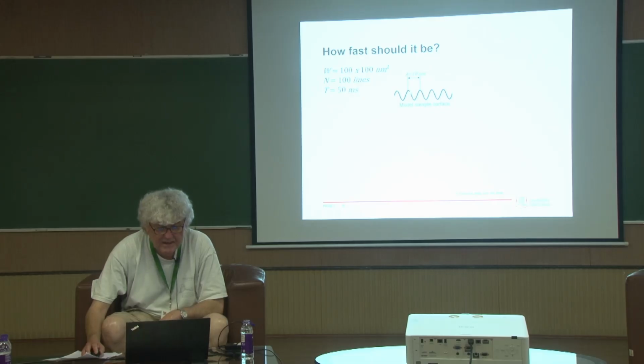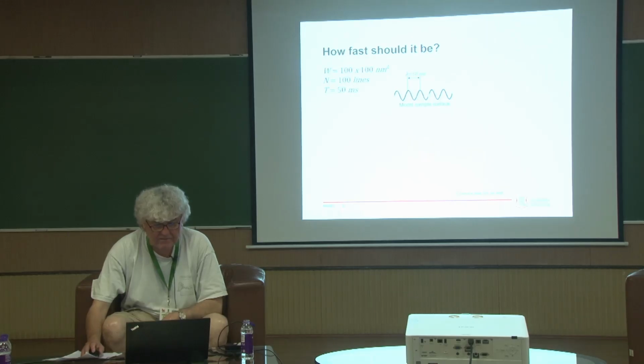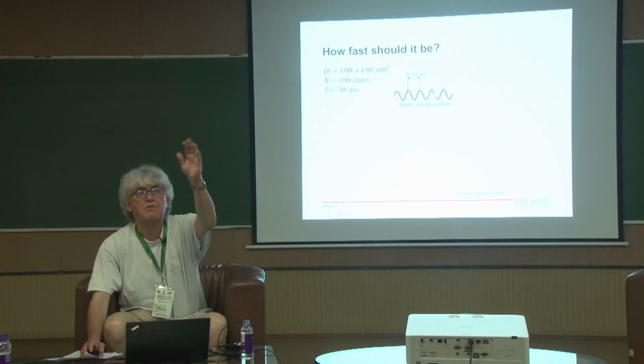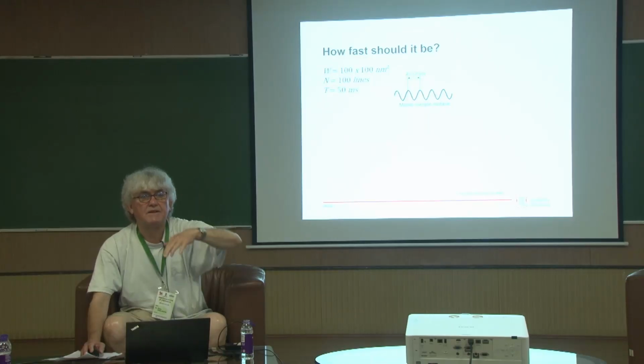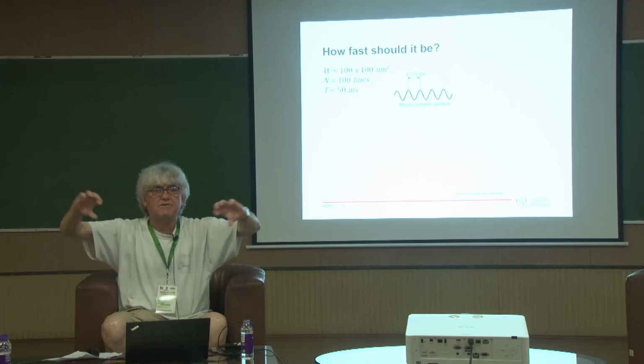We have proteins, and let's consider the dimension of a protein is in the range of 10 nanometers. So you basically have an oscillation of the topography signal of 10 nanometers, and for simplicity let's consider it's a regular surface.